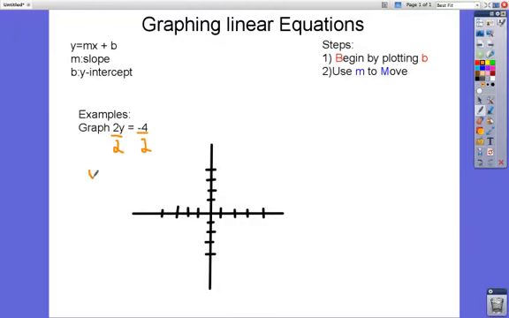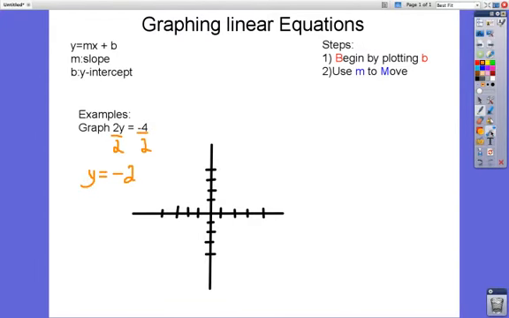After dividing by 2, we get y equals negative 2. Anytime we have a variable equaling a number, in this case y equals negative 2, it's not going to be a diagonal line. It's either going to go straight up and down through negative 2 or horizontal through negative 2, which would be down here.